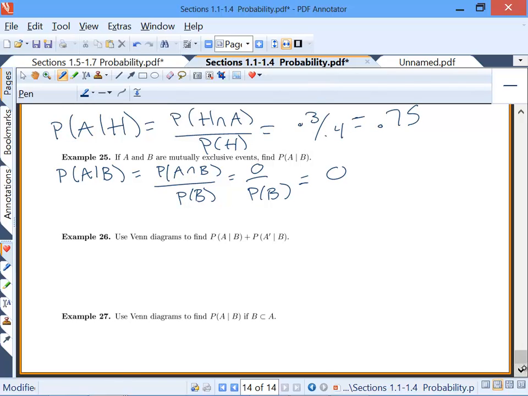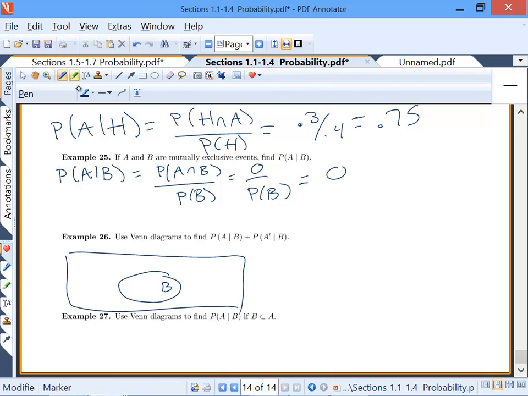So let's see if I can make this next part make sense logically. We want to use Venn diagrams to find the probability of A given B plus the probability of A complement given B. So let's say that this is our B, and let's say that this is A complement.